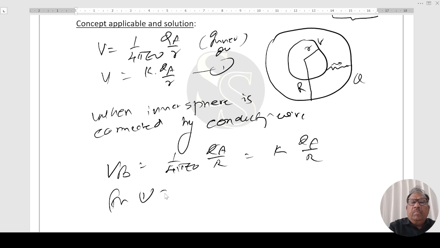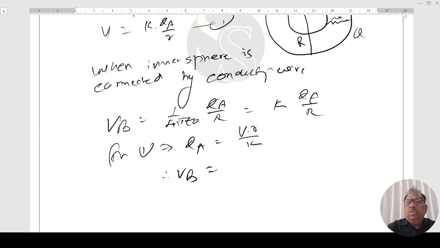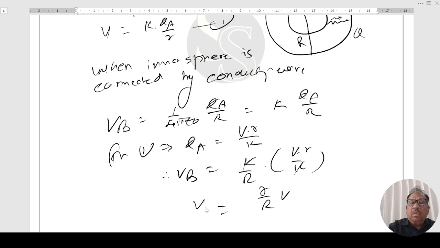From 1, QA comes out to be V into R divided by K. Therefore, VB will be equal to K upon capital R into QA, V into R upon K. This comes out to R upon capital R into V.